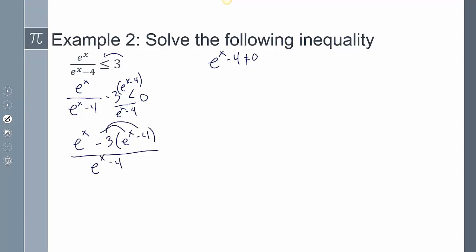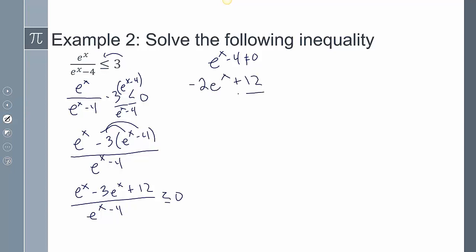Well, this negative 3 can distribute, and so I'm going to get e to the x minus 3 e to the x plus 12 over e to the x minus 4. This is all less than or equal to 0. And I can combine that further: negative 2 e to the x plus 12 over e to the x minus 4, and that's less than or equal to 0.